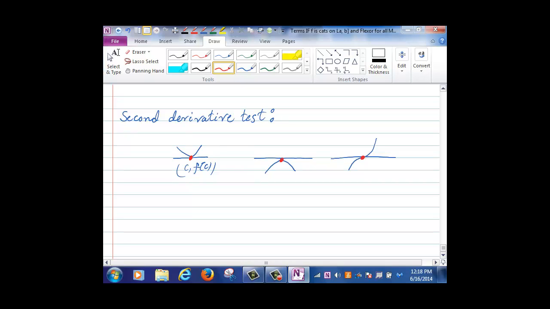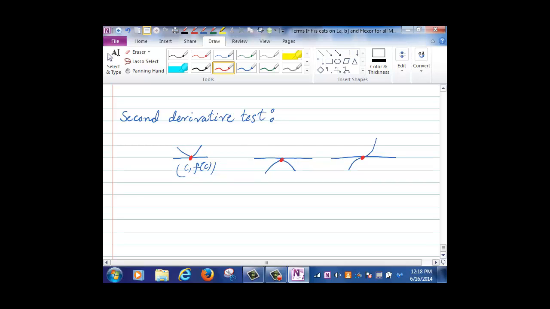So the second derivative is a way of determining that. If I have a critical point where the derivative vanishes, I want to determine whether I have a local max or a local min at that point. Am I making sense? And what does the second derivative say? Well, notice that if I have a local min, then the function is concave up at that point.